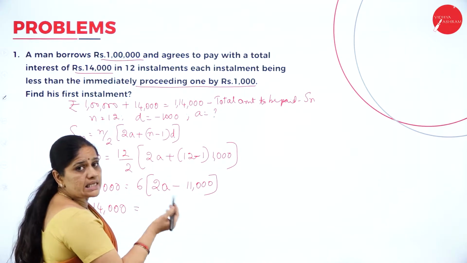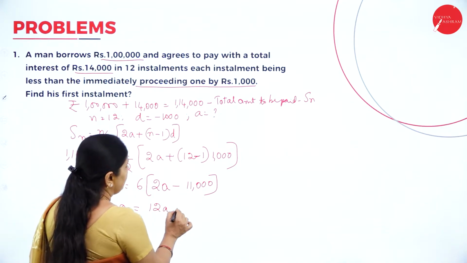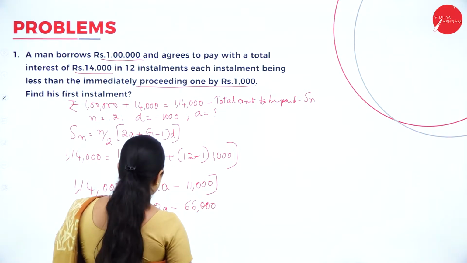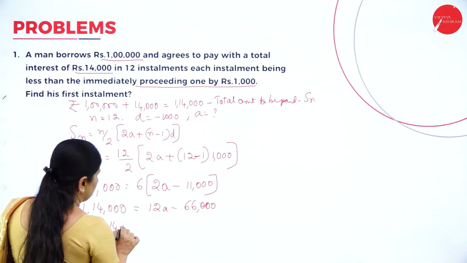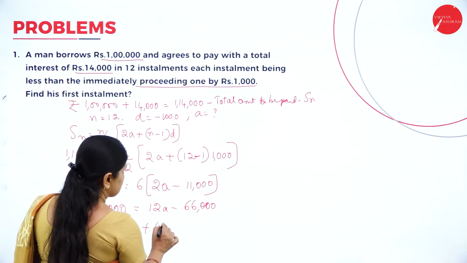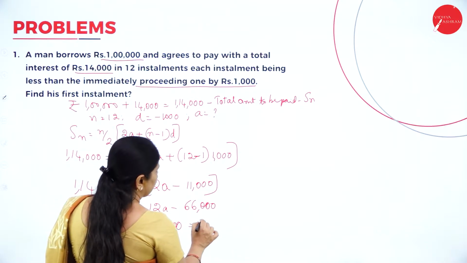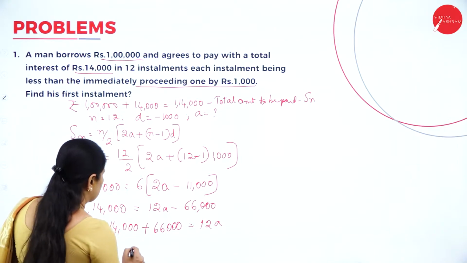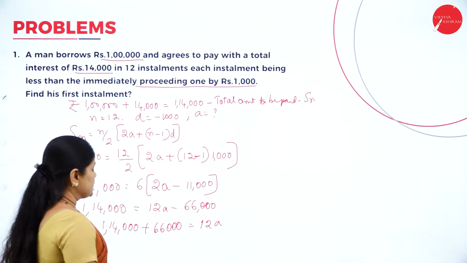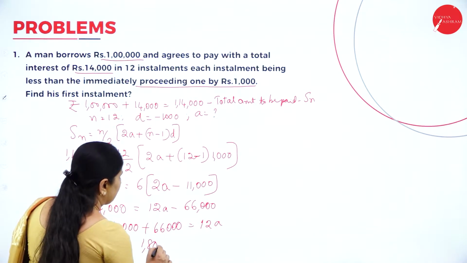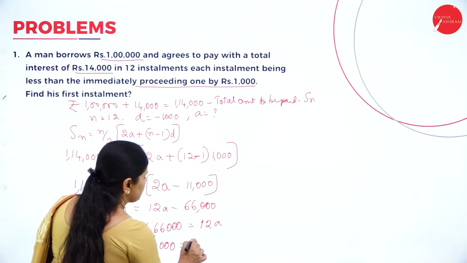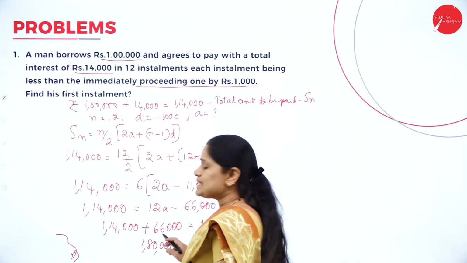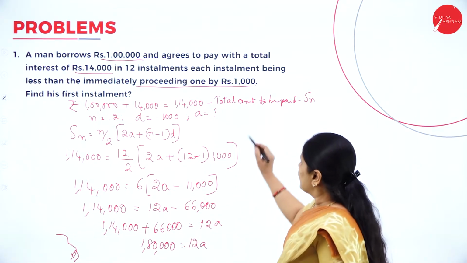So, 1,14,000 equals 6 into 2 is 12a minus 11,000 into 6 is 66,000. So, 1,14,000 plus 66,000 equals 12a. When we add 1,14,000 plus 66,000, we are getting 1,80,000 equals 12a.